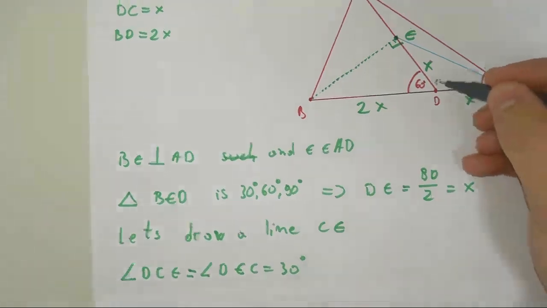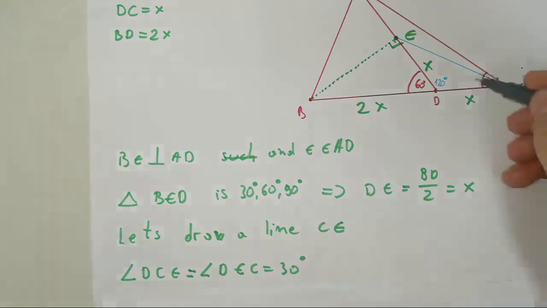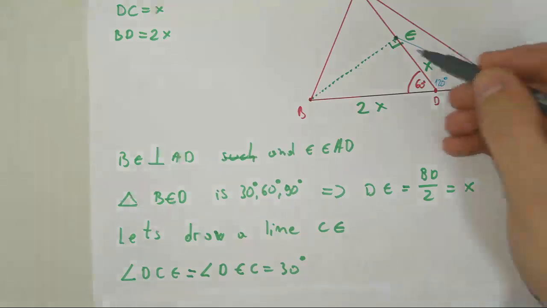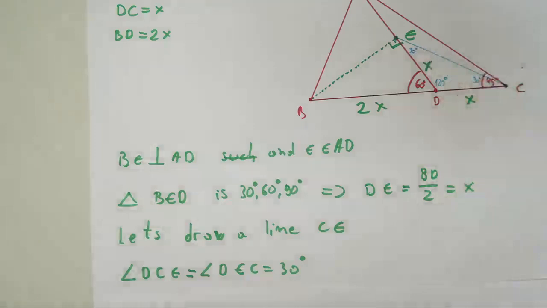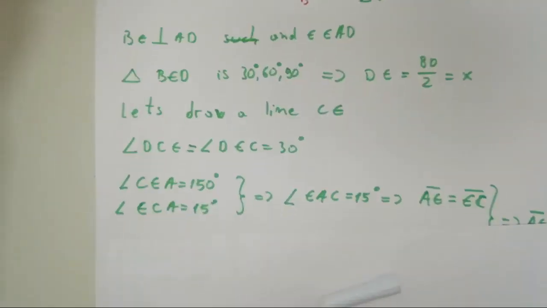This angle, it's easy to show, it's 120 degrees. So what's left? This angle should be 30 degrees. This angle should also be 30 degrees. Great. Now, do you have any question till now?